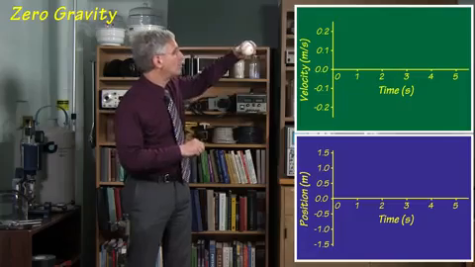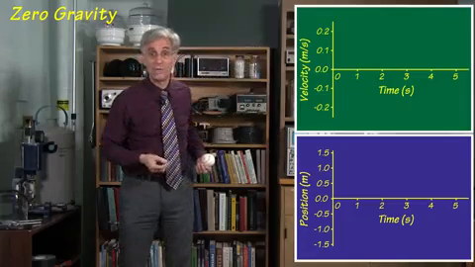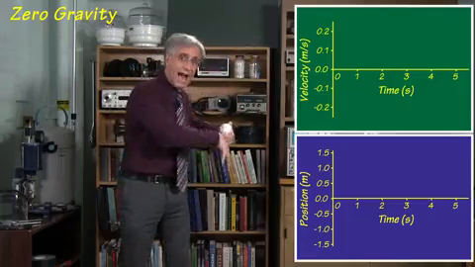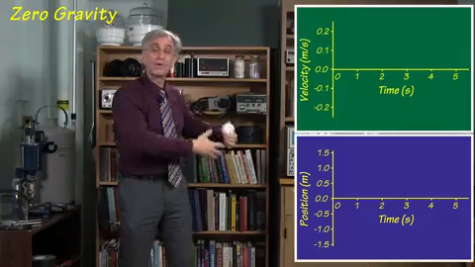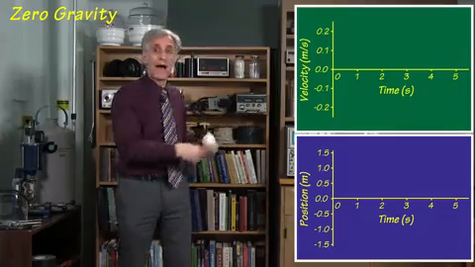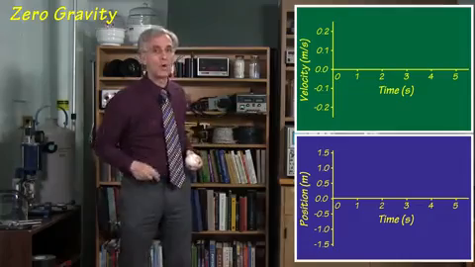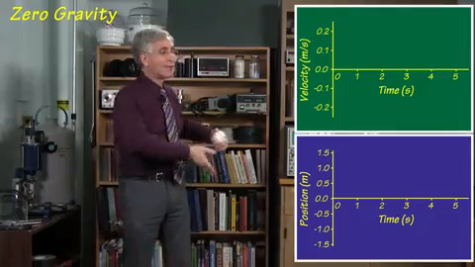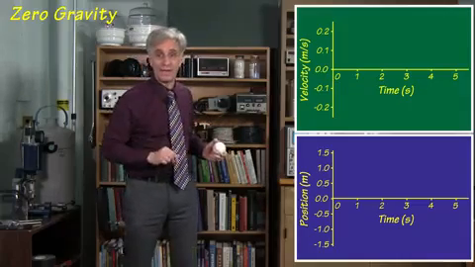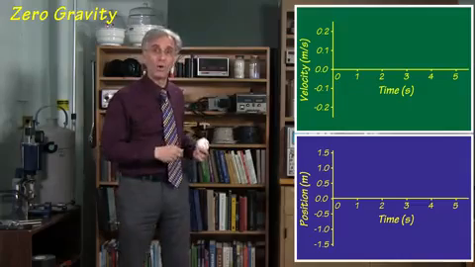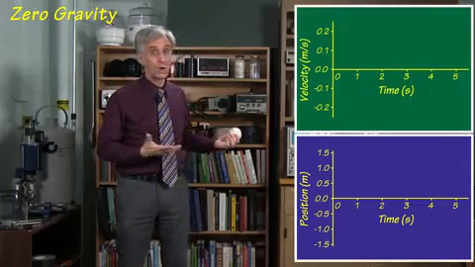So if the ball moves downward relative to the point where I let go of it, that's a position that's down below where it started. Those will be the negative values for my vertical component of position graph. If it moves upward, which it won't this time, those would be the positive values of my vertical component of position graph.